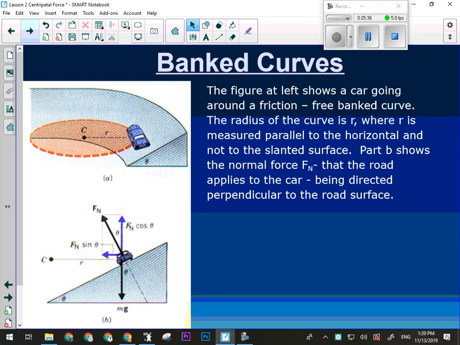So we have the car on the corner, which, like we said, is an inclined plane, like this. There's going to be the force of gravity acting down, and then some other forces, one of them being normal force. Now, normally on an inclined plane, we just have the object sitting there, and it's either sliding down or being pushed up. But because this is going around the curve, the car has some inertia, and that inertia is going to cause it to do what as it goes around the corner?